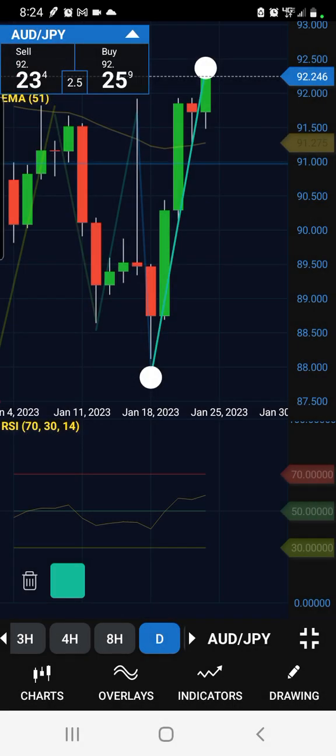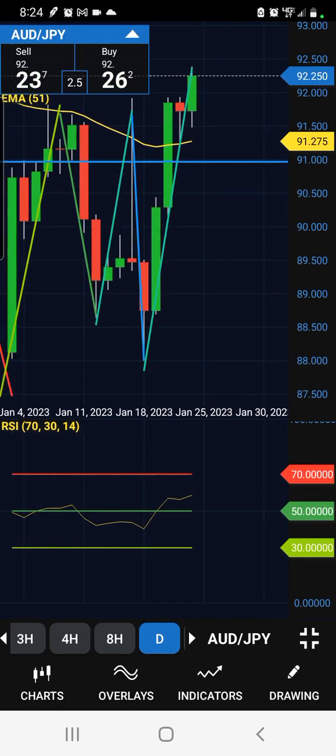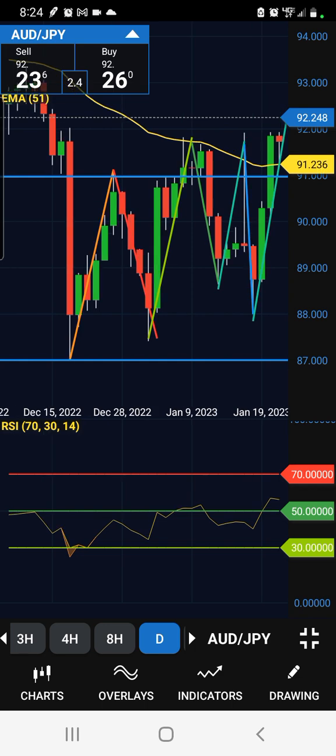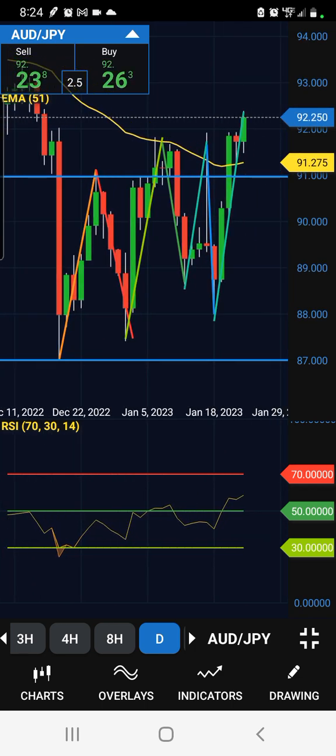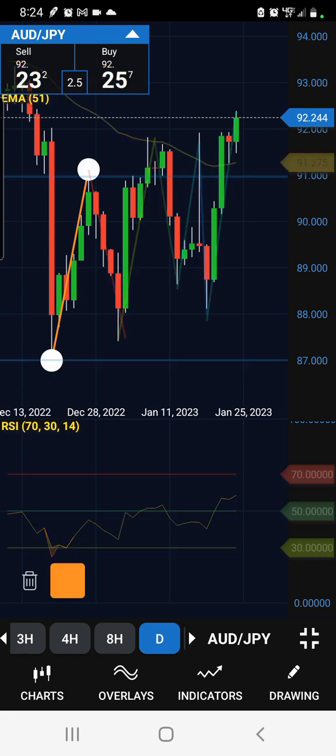I need to go back like I did on that AUD CAD currency pair. And since these are daily, I need to change these to this blue.